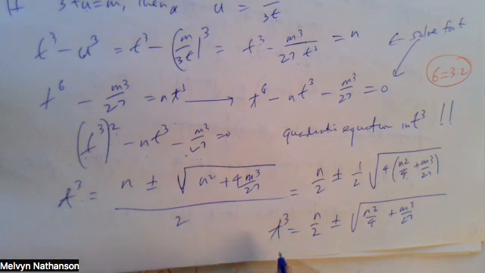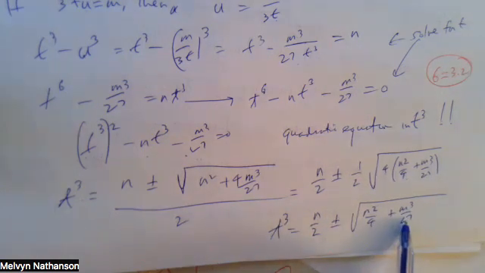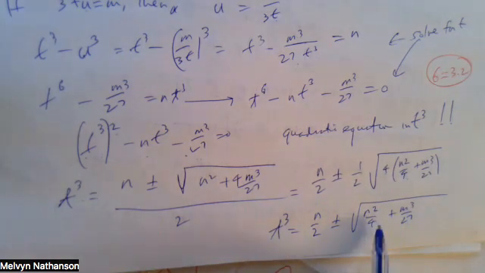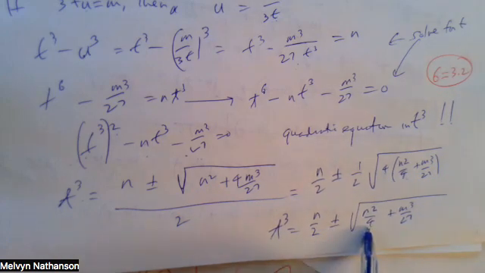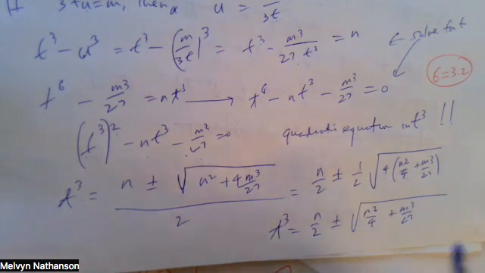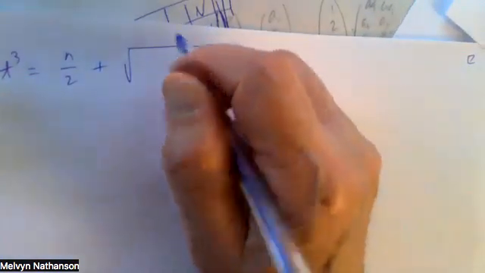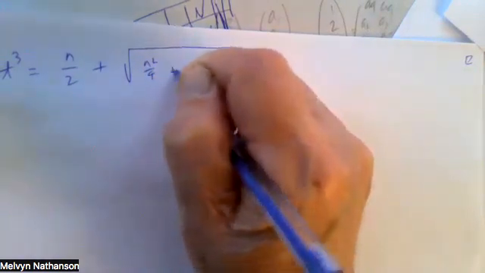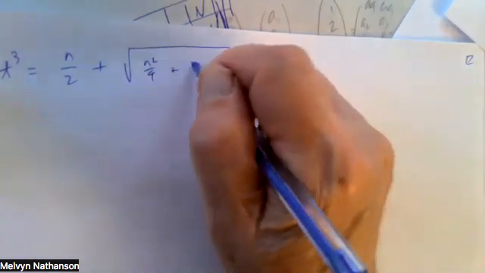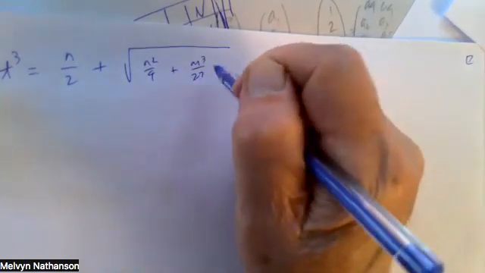And I want t to be positive. This n squared over 4 plus m cubed over 27 under the root is bigger than n squared over 4, so its square root is bigger than n over 2. So if I take the minus sign, this will be negative. So I take the plus sign, and this will be positive. So t cubed is equal to n over 2 plus the square root of n squared over 4 plus m cubed over 27.